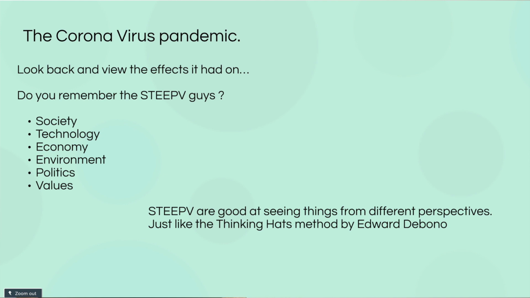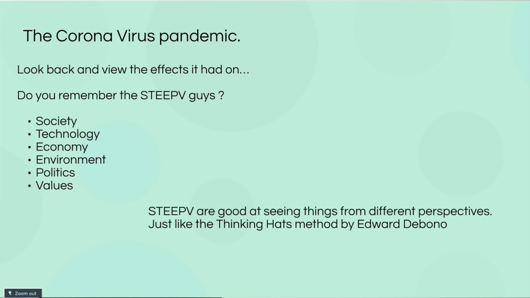You can look at the effect of the coronavirus pandemic on your community and how it affected society, technology, economy, environment, politics, and values. So you can take the effect of a pandemic on your community from these aspects. Or how these could have been or have been solutions.